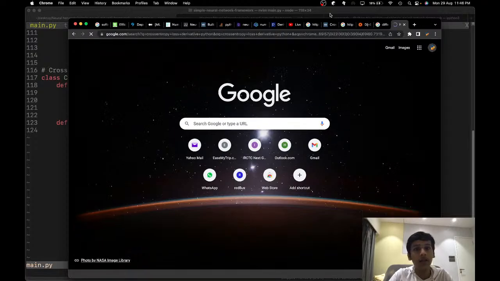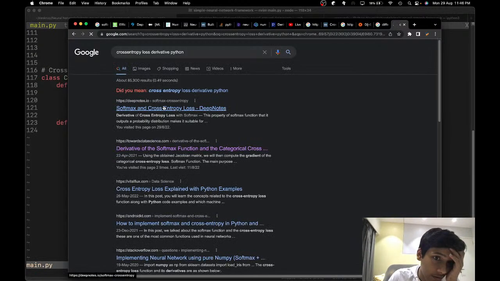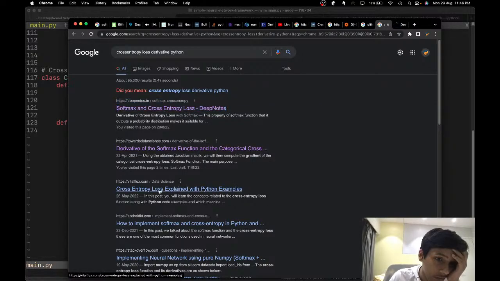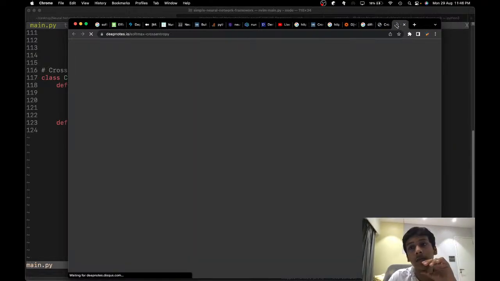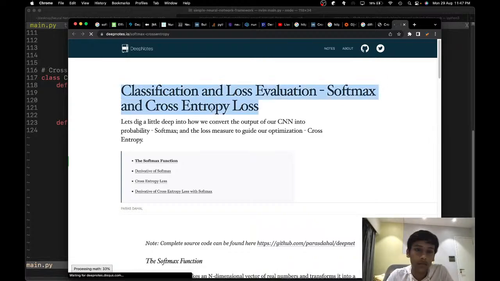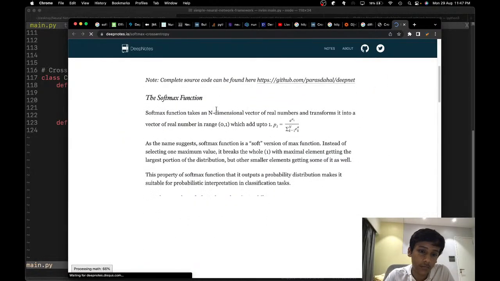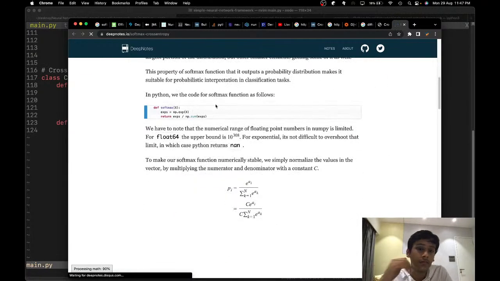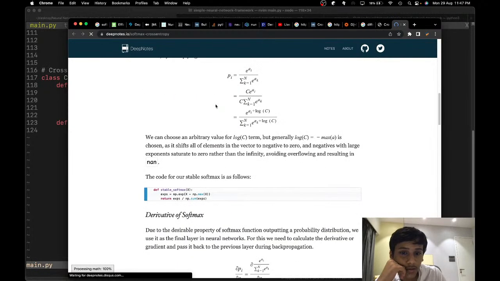Let's copy the code at this point. Softmax and cross entropy loss, Python examples. Softmax was easier.